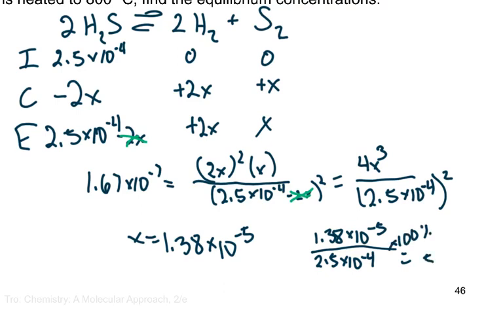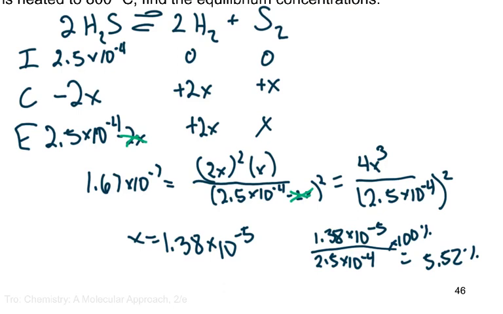I get a value of 5.52%, which means that technically my approximation is not valid. But if you go through and solve it the other way, you'll get a very close value.